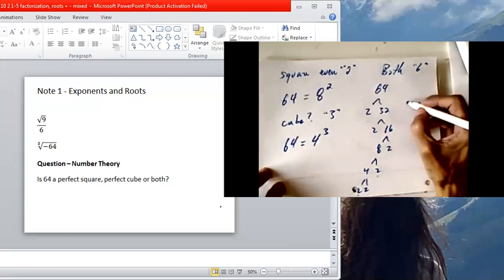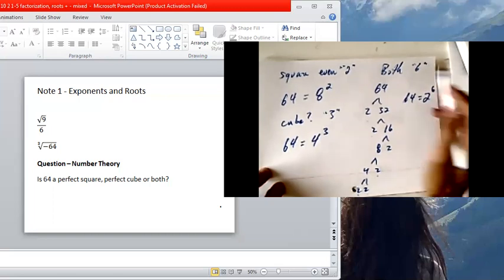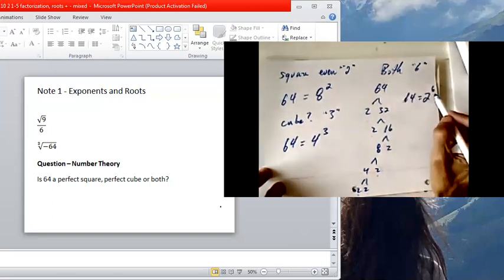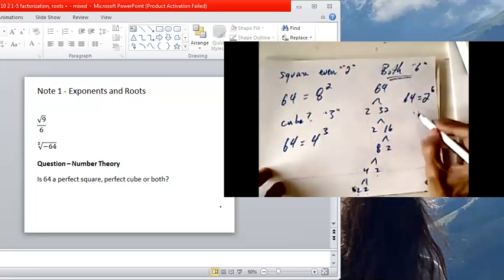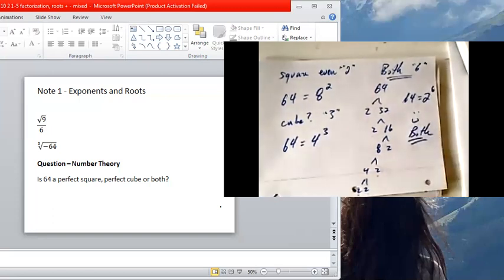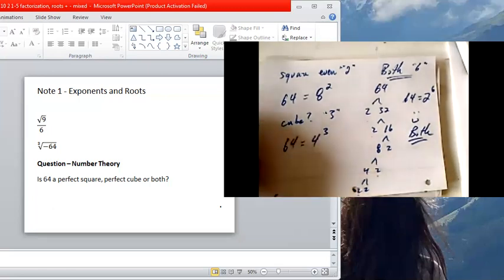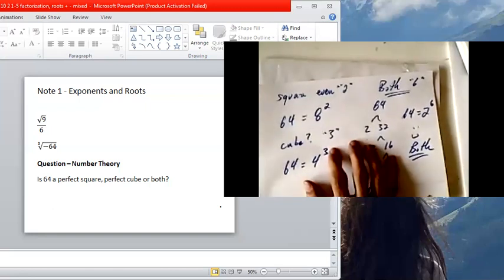In other words, 64 is the same as having 6 2's all multiplied together. So since we have a 6 there, it's a multiple of 6. So yes, in fact, 64 is both. And a little number theory side question.